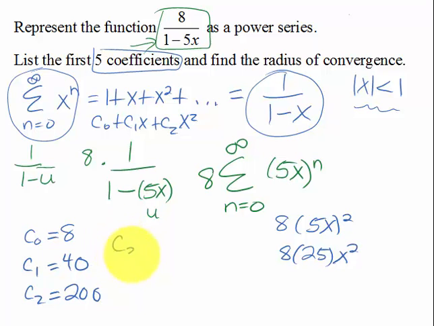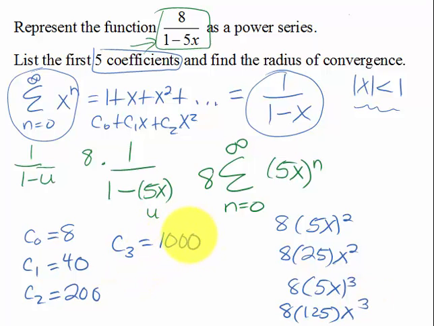And if I want the next coefficient, then I take this and put in a 3 for the n. So that's going to be 5 to the third, which is 125, times 8, and that's going to be the coefficient on my x to the third term, and that is 1000.